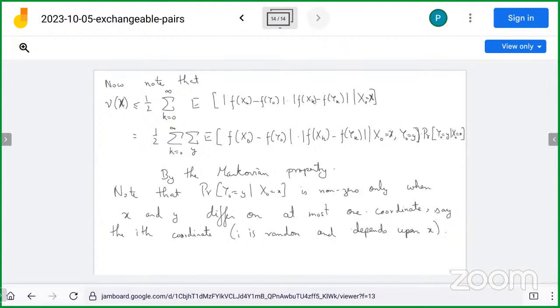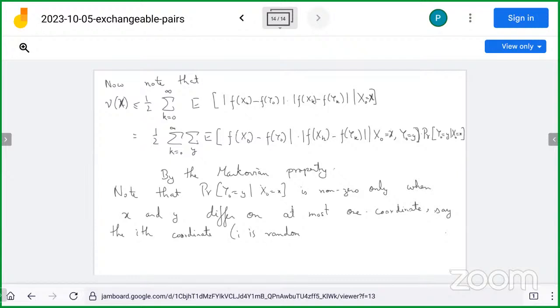Oh yeah. It doesn't really depend on it, in the sense that the probability that you become equal, I might not exist. That contribution might be zero. So the probability of y0 equals y may depend upon it. Yes, the probability can depend, but let me just say i is random.